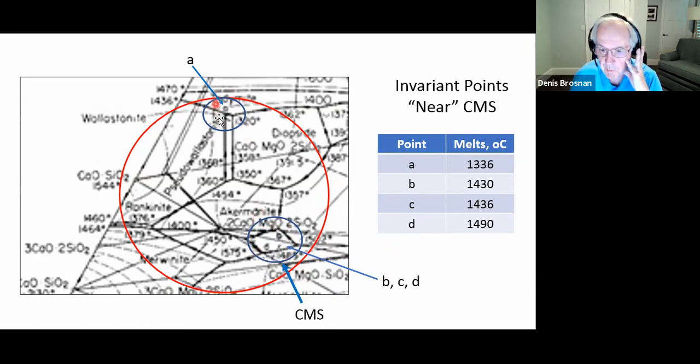And so these are labeled A, B, C, D. And these melting points are down here at 1336 up to about 1490 or thereabouts. So some of these melting points are lower than the melting temperature of monticellite, even though these areas on the phase diagram are not within the compatibility triangle of the final composition.